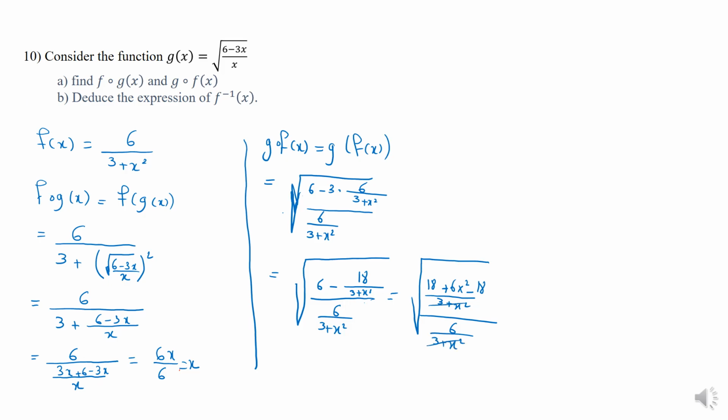Now 3 plus x power 2 cancels, 18 minus 18, it's 6x squared over 6. So radical x squared, it is equal to x.